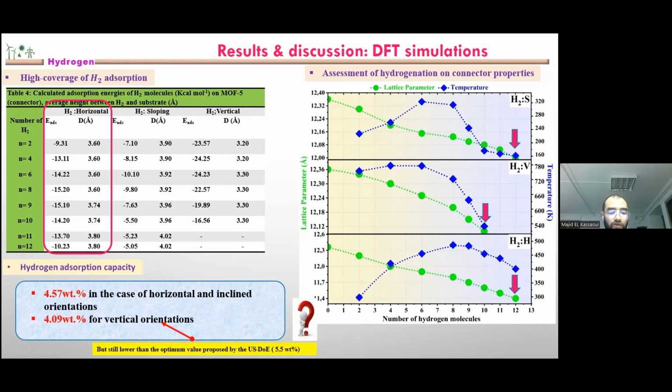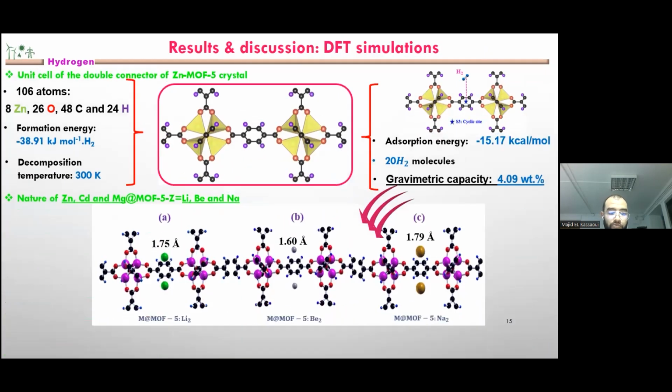These values are lower than the optimum values proposed by the US Department of Energy. To improve the hydrogen storage capacity of the metal organic framework, we have carried out two strategies at the same time.